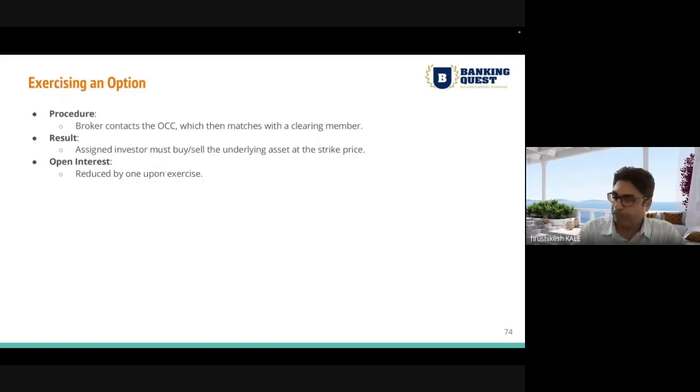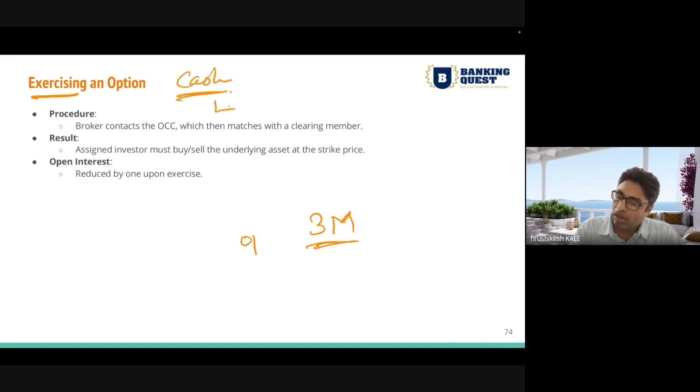Exercising an option. Exercising an option means after 3 months, completing the option. Exercise can be done in cash settled or physical delivery also.